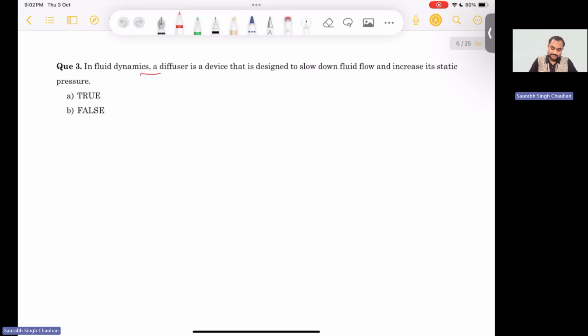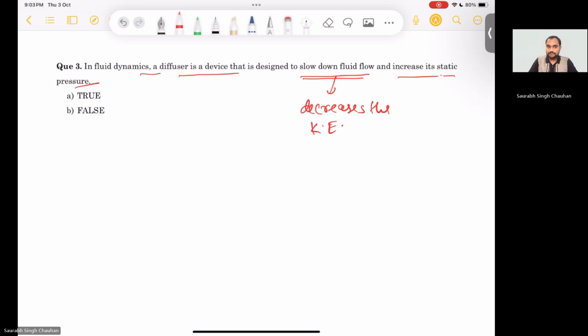In fluid dynamics, a diffuser is a device that is designed to slow down fluid flow and increase its static pressure. Slowing down the fluid flow means decreasing the kinetic energy, and it increases the static pressure. So is it true or false? A nozzle basically reduces the pressure and increases the fluid velocity, and a diffuser is just the opposite of that.